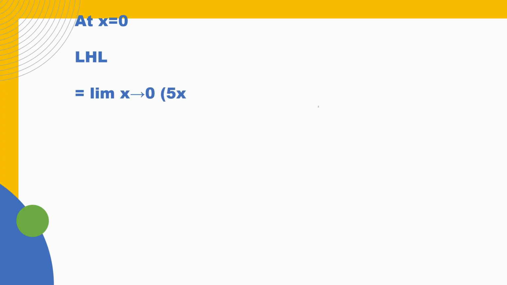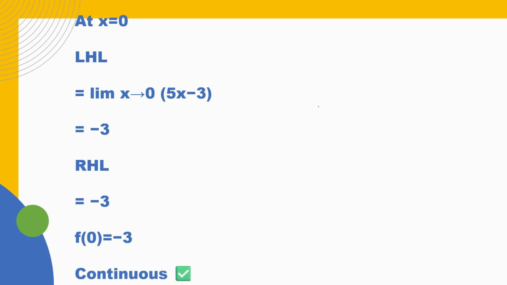So the left-hand limit gives us the value minus 3. Similarly, the right-hand limit is also minus 3 because polynomials have no breaks or jumps. Now substitute x equals 0 into the function and it also gives us minus 3. Since all three values are equal, the function is continuous at x equals 0.